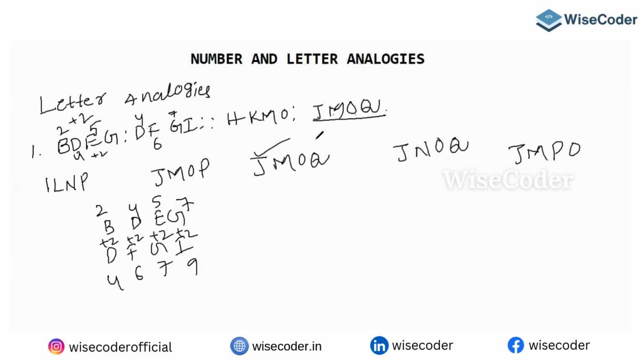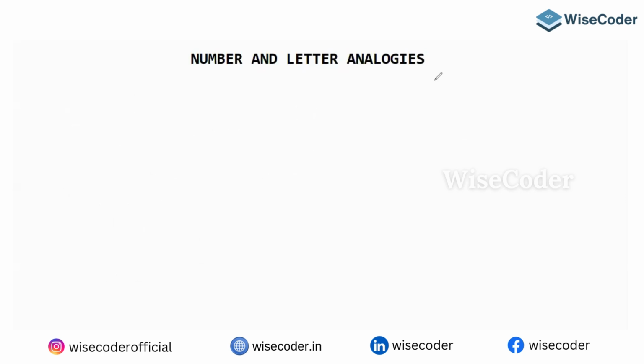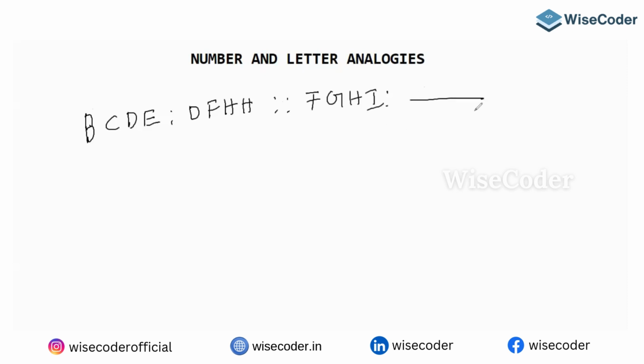Next question, guys. Please write down the next question. The logic in the previous one was +2, +2, +2. Now, if the logic is like this, B, C, D, E is coded as D, F, H, H, then F, G, H, I would be what?